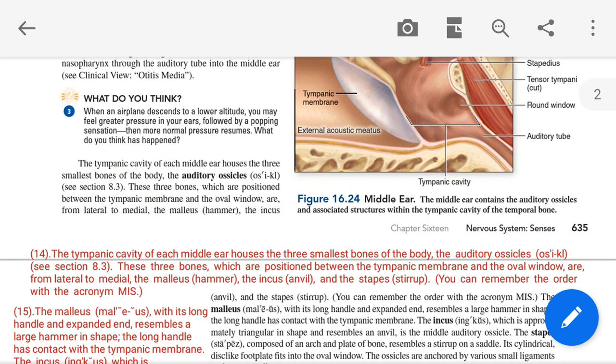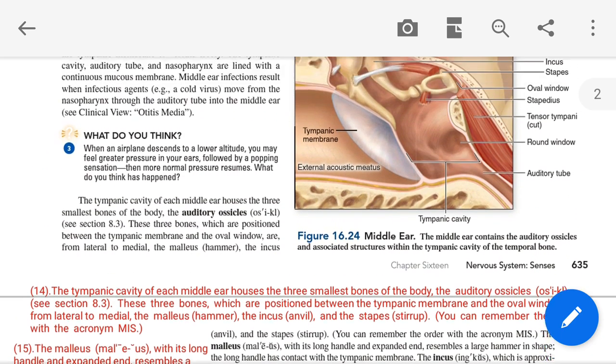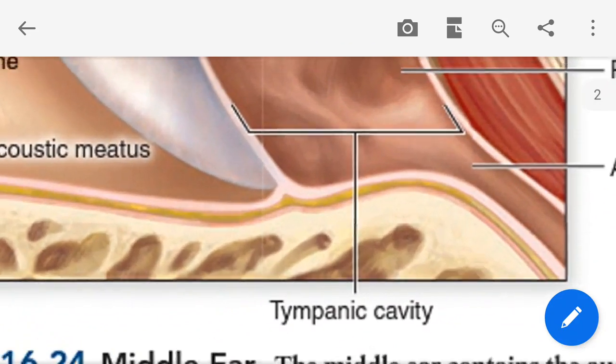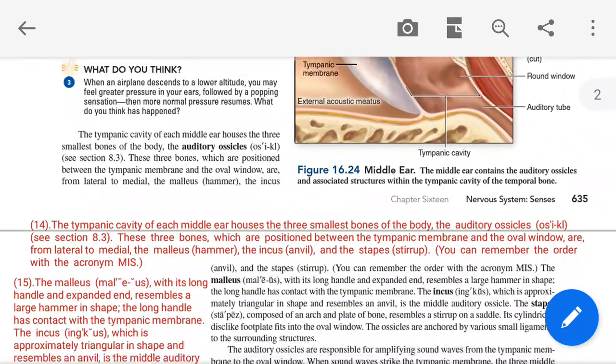Now, this is the tympanic cavity. See, here you can see the tympanic cavity.